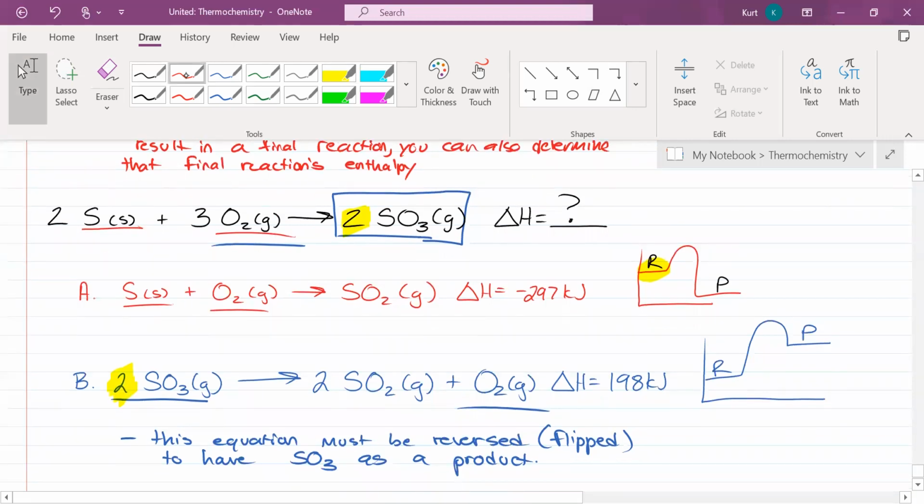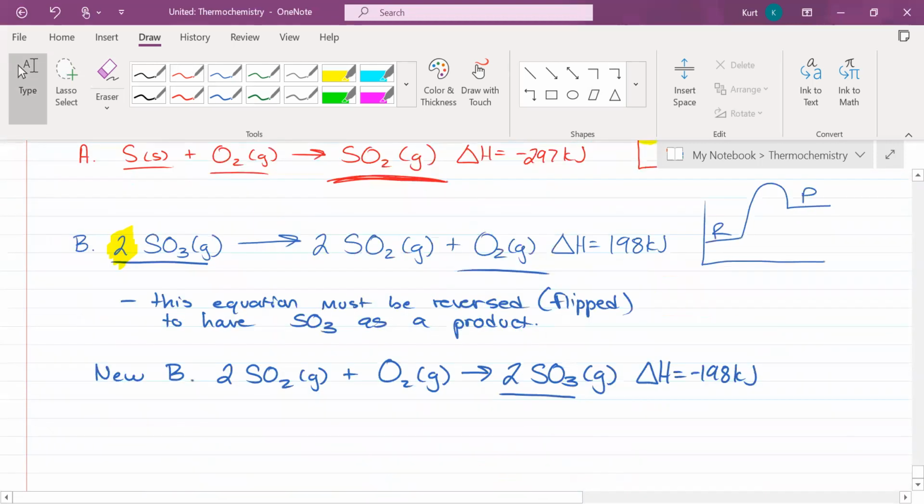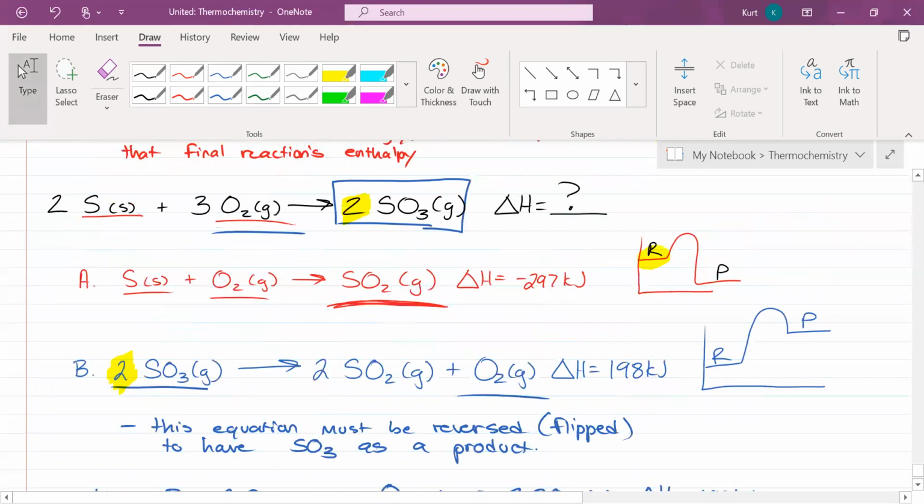I want you to check this out, though. Looking here. How many SO2s are here? There's 1. Is SO2 a reactant or a product? It's a product. Look here. How many SO2s are here? 2. Is it a reactant or a product? Okay. Do you see SO2 in our main equation?